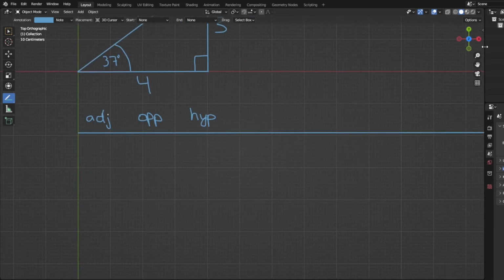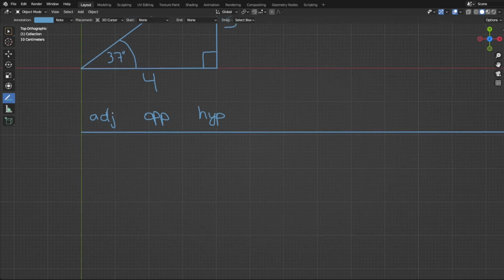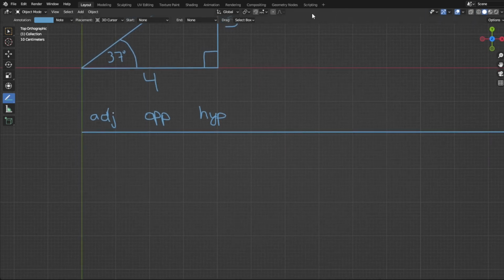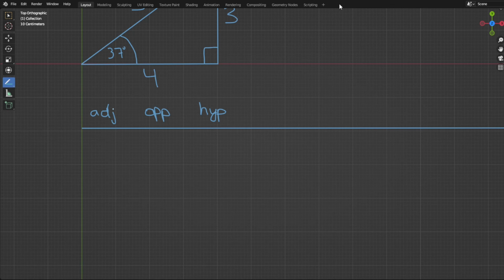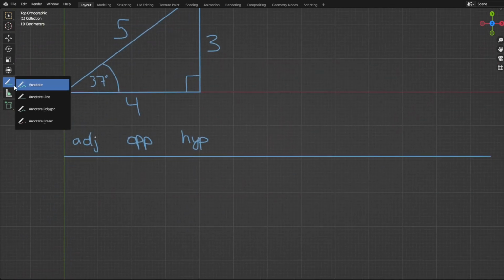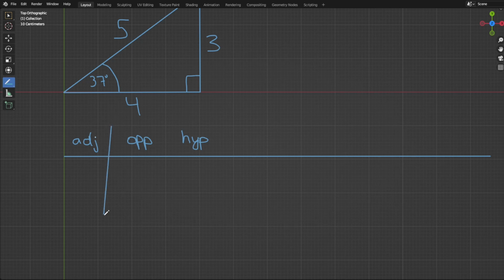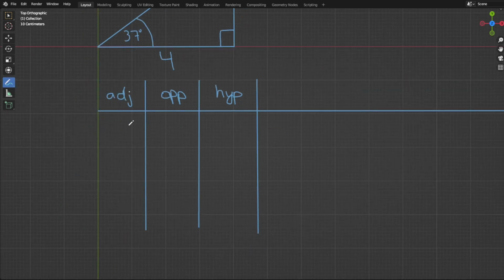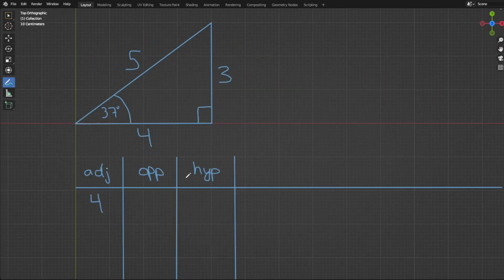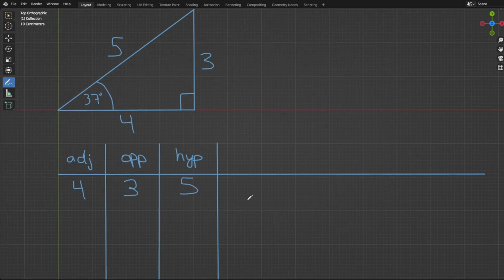Now let me extend this to the right a bit more. Let me hide some of that so you can see more of the screen. Okay, let's create some columns for us to use. The adjacent in our case is 4, the opposite is 3, and the hypotenuse is 5.